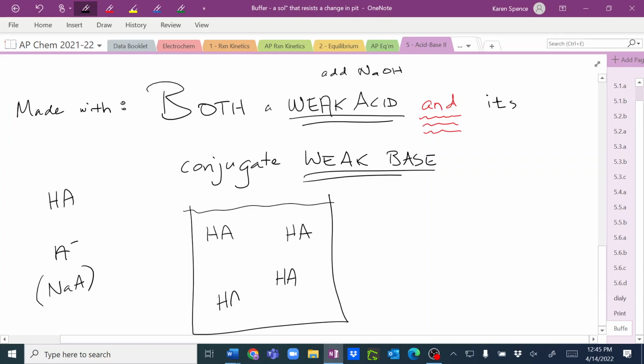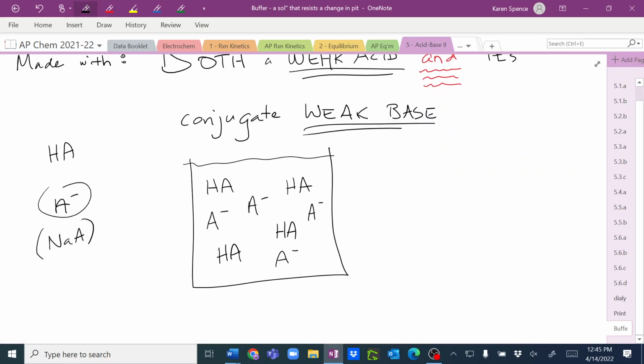But I also have lots of A minus because I've added a bunch of NaA. Yes? So I have lots of both of them. So now if I add hydroxide, what's it going to do?